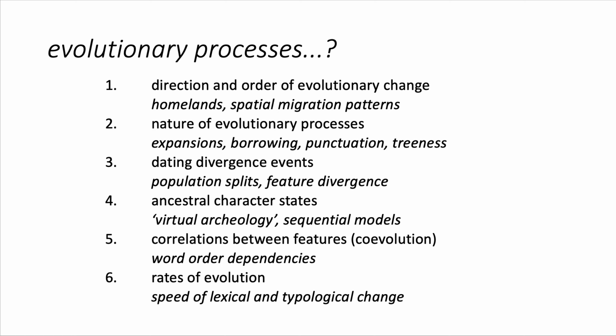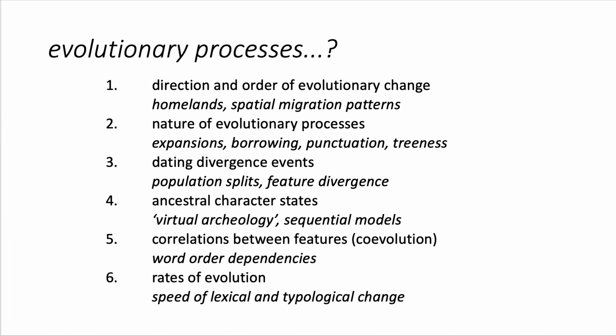We're interested in population splits and feature divergence. The first 3 evolutionary processes on this list have to do with the language family itself in a way. They have to do with how this family moves through space, how it moves through time, and what the essential process of diversification really is.